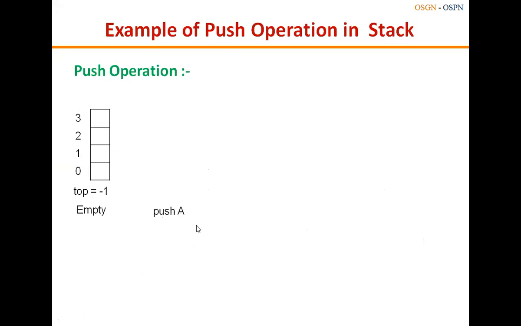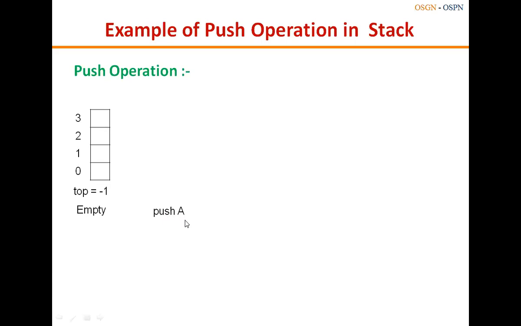Now push A. We want to push this A into this stack. For pushing, what to do? Can you tell me what to do for pushing? I want to push this data A. So what to do first? Can anyone tell me? Yes, scanf is one.